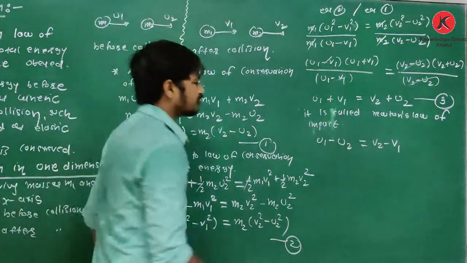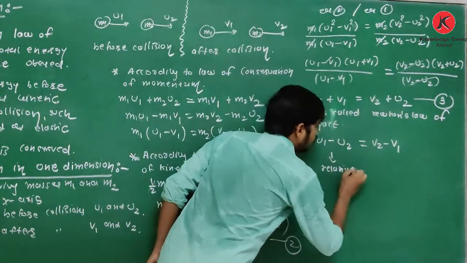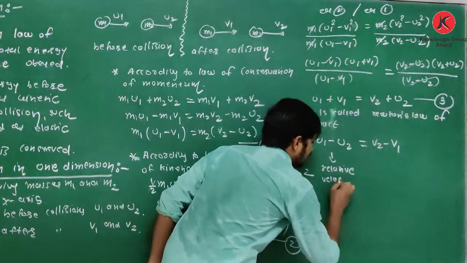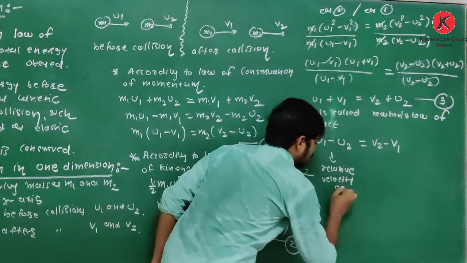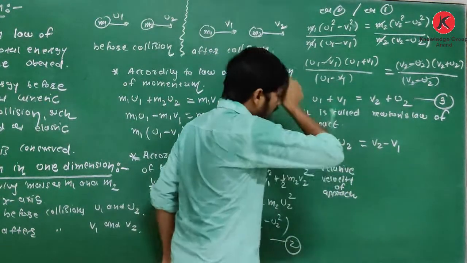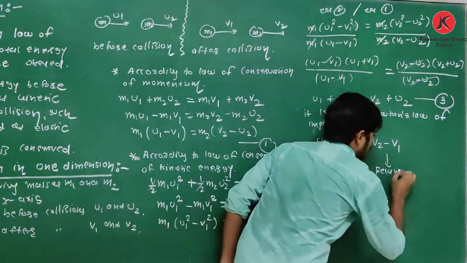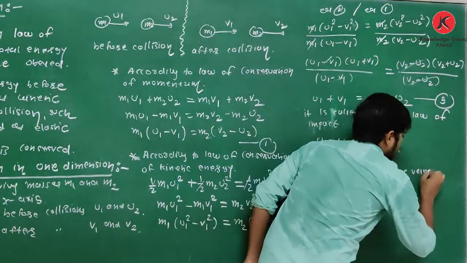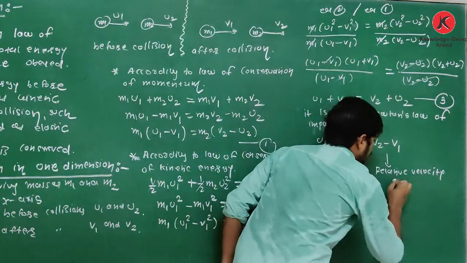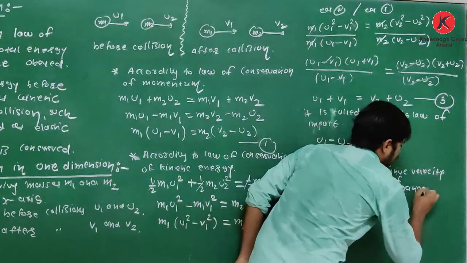This u1 minus u2 is called relative velocity of approach. And this v2 minus v1 is called relative velocity of separation.